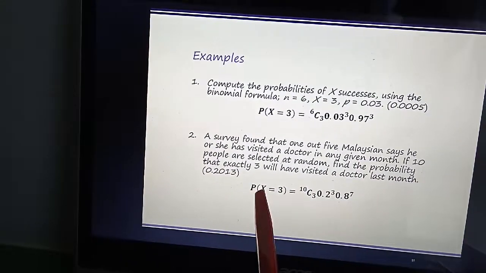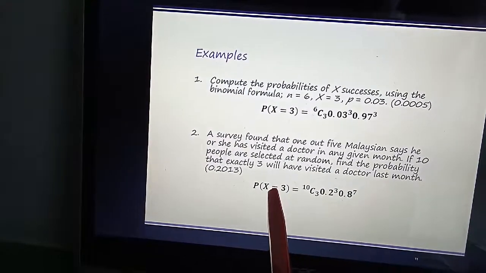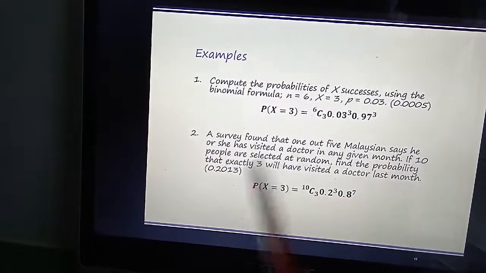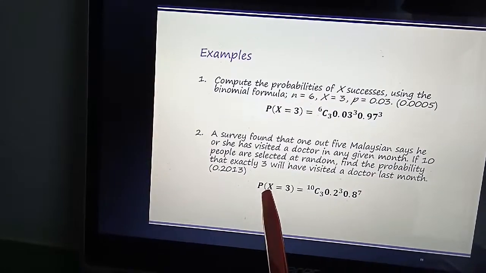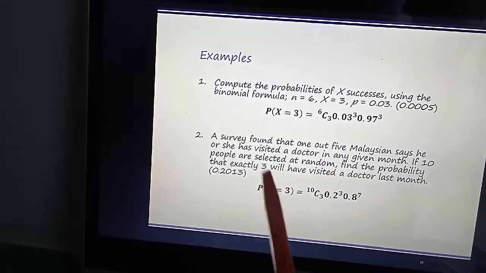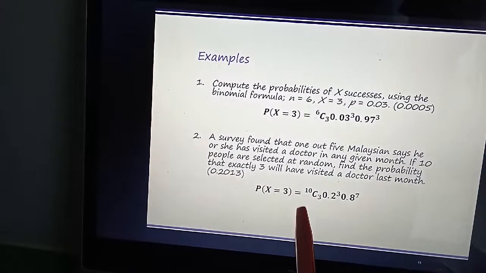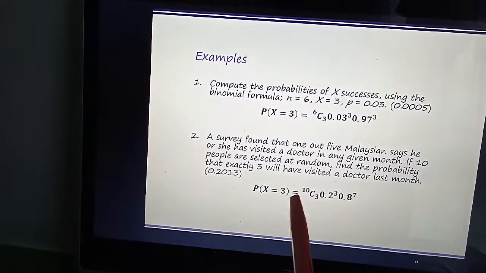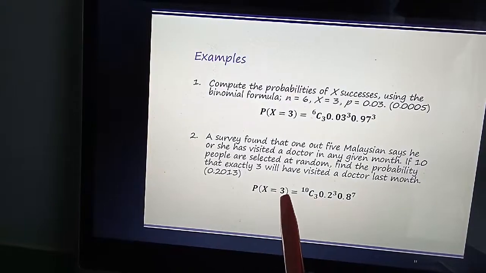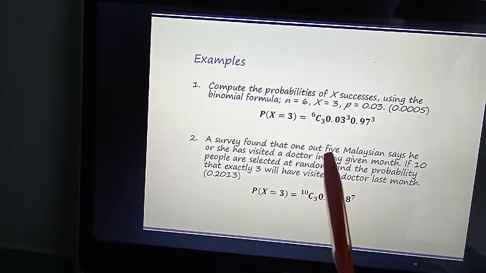So probability x equal to 3. Find the probability that exactly 3 will have visited a doctor. So the random variable x value equals 3, exactly 3. Using the binomial formula, it equals nC3, where n is 10, 3 is the x value, then p is the 1 out of 5.